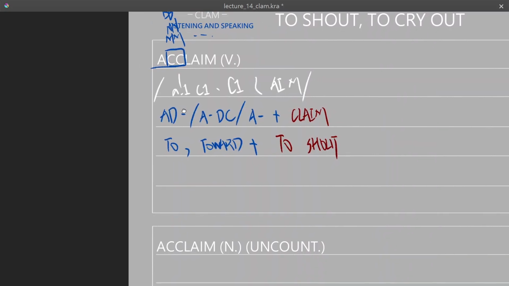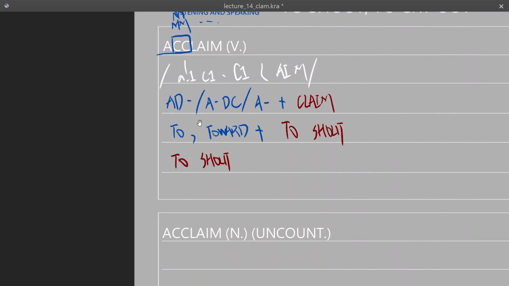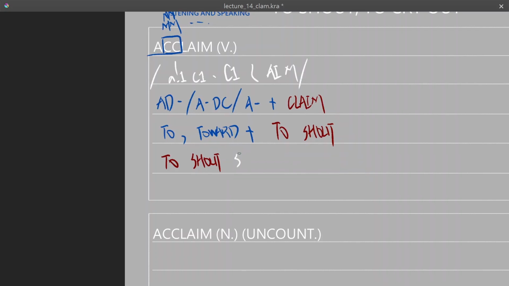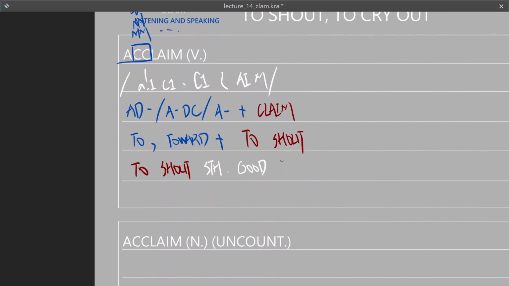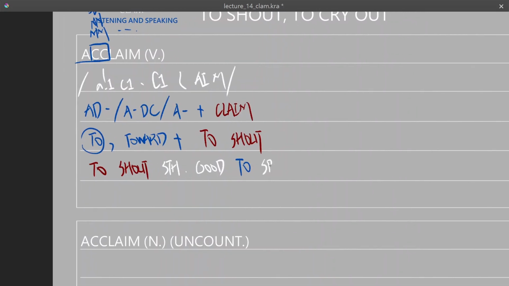So acclaim literally means what? It means to shout. To shout what? To shout something good to or toward somebody or something.